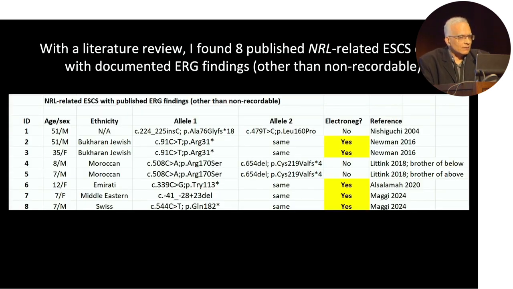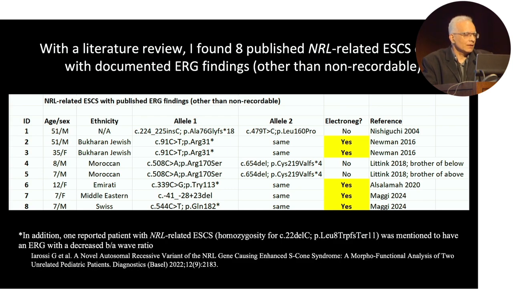Not all of them were electronegative, but 5 of them were, 5 out of 8. So it seems to be a recurrent feature of NRL mutation. In addition, another patient was reported who had NRL-related enhanced S-cone syndrome. The ERG was not provided in the report, but they mentioned that the ERG had a decreased B to A wave ratio.